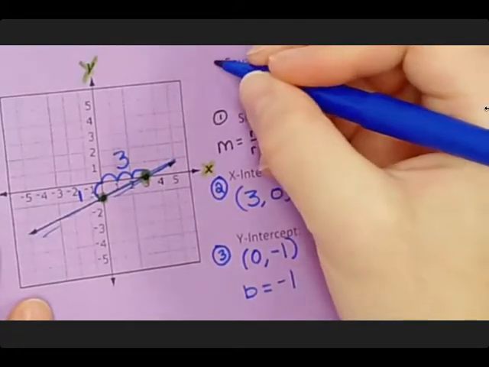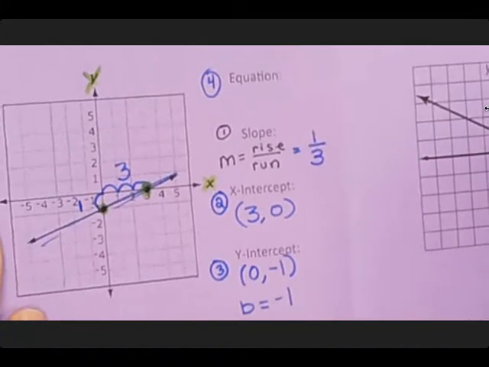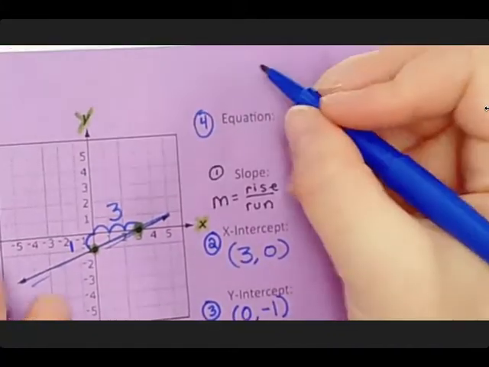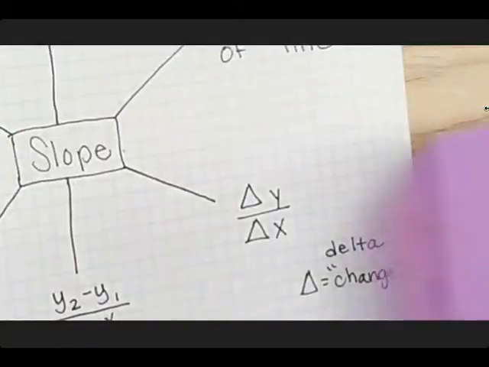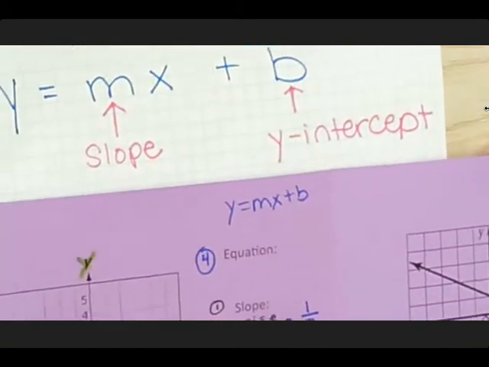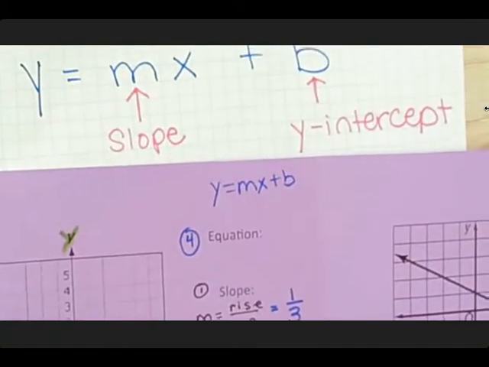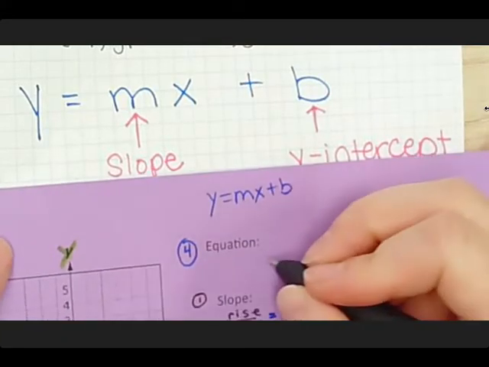Then our last thing we're going to do is the equation. So remember the equation is y equals mx plus b. If you look back over here, y equals mx plus b. M is the slope, b is your y-intercept. So we can write our equation now.